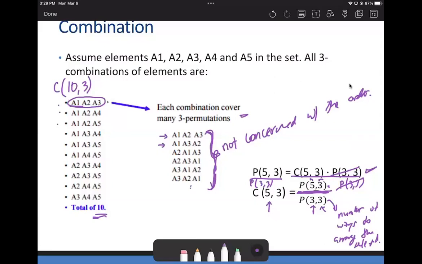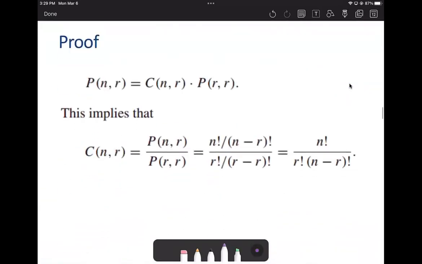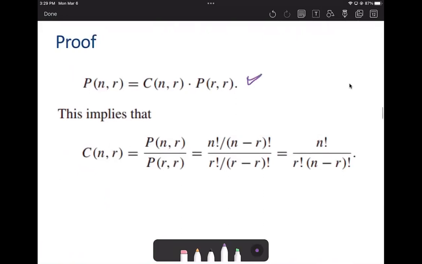All of this possible na arrangements will only be counted once in the combination. All right. So we have again this formula of permutation of n taken r equals combination of n taken r times permutation of r taken r. So we simply have to divide it by permutation of r taken r, and similarly divide it with r taken r.